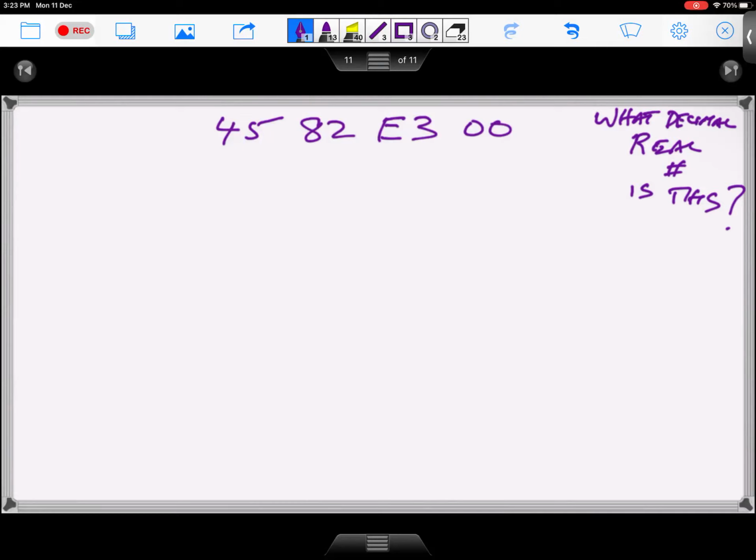Well, we first of all have to do the reverse direction. 4 is that, that's 4. 5 is that, that's 5. 8 is that, that's 8. 2 is that, that's 2. E is that.